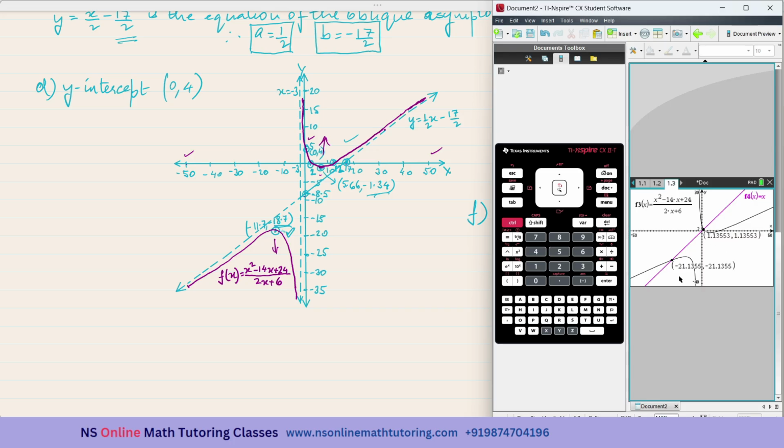First of all, let us write for x values less than negative 21.1, up to 3 significant figures.